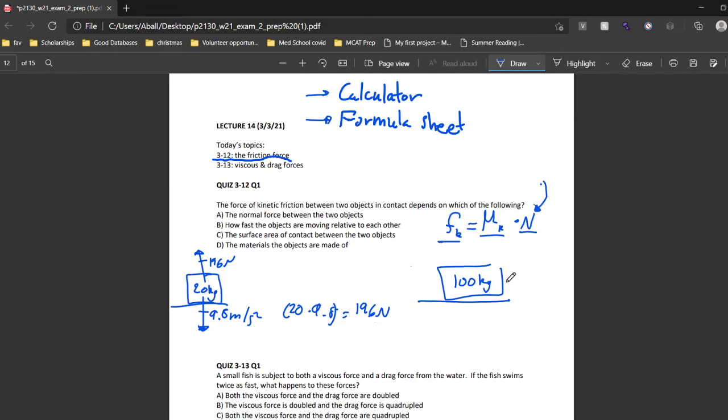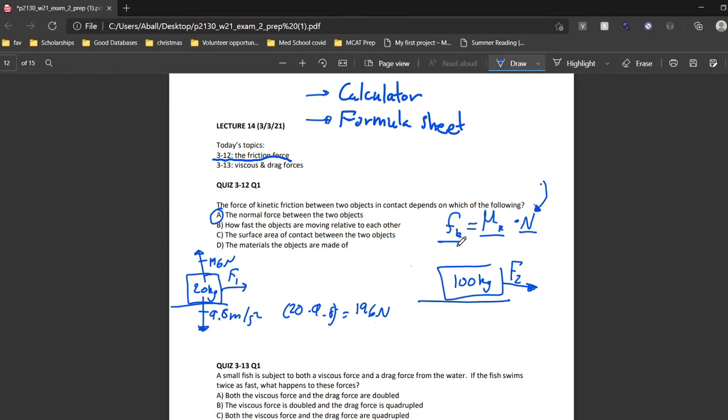Hence why you would need to exert more force to get it moving and keep it moving. So force 2 would have to be greater than force 1. So A is true.